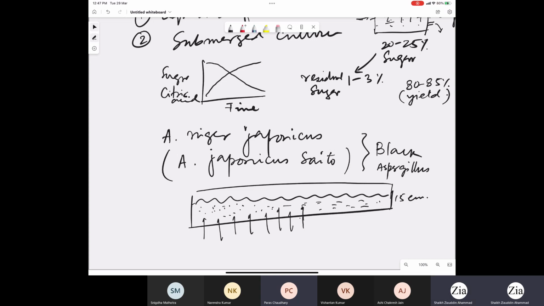And in this reactor system, you have continuous supply of air, and mostly the air flow rate is maintained in the range of 0.5 to 1 ppm. Mechanical stirring is not needed because that will create too much shear, and shear is not good for the survival of this fungi.